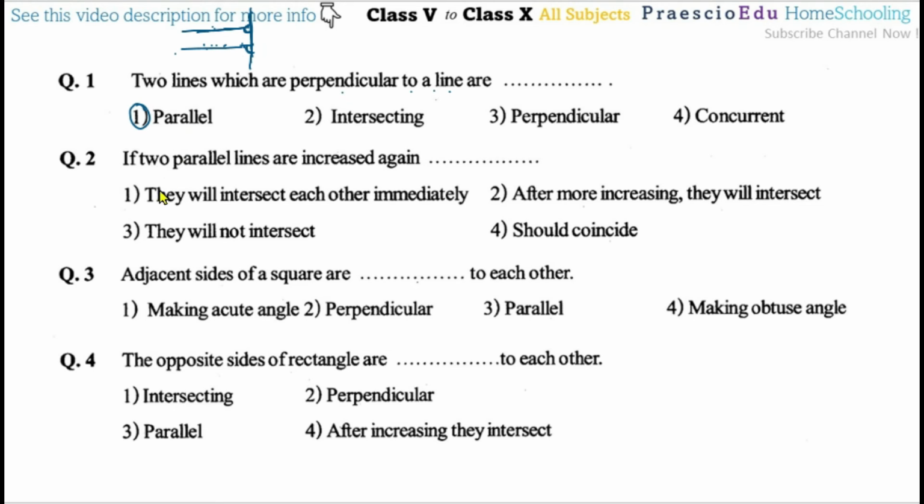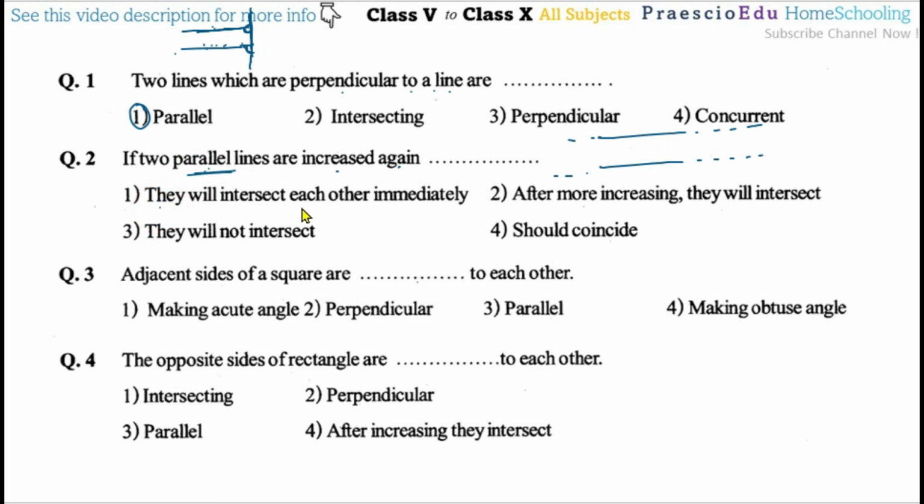Question number 2: if two parallel lines are extended again, at any point here or here, what will happen? They will not meet each other, and only then we say they are parallel.